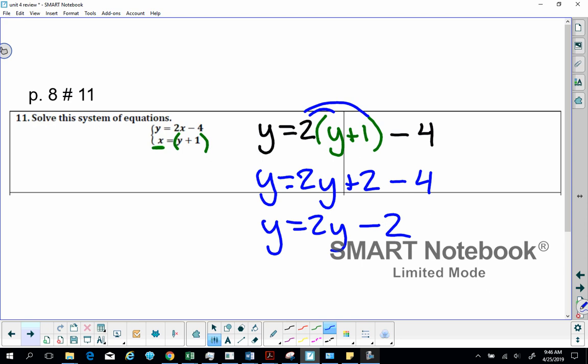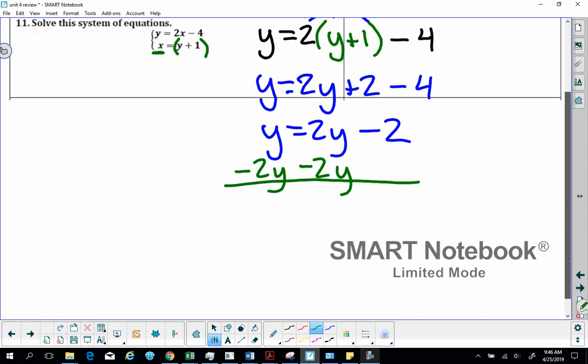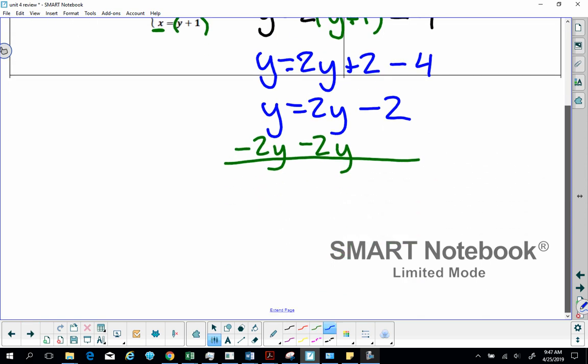Okay. Next step. We don't divide yet. We want to get all our variables on one side, right? Subtract 2y from both sides. So what's 1y minus 2y?